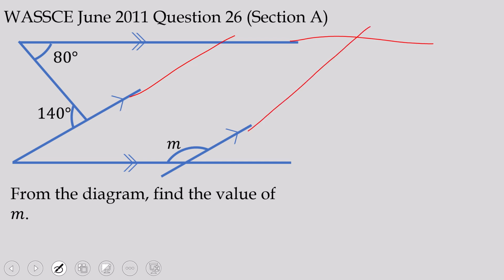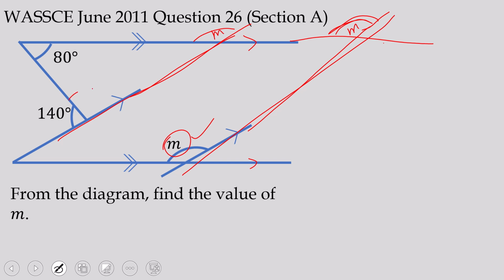So now with these extensions, since this is parallel to this, it means that this angle and this angle over here are corresponding angles. So this is M and this is M. Then since I have these two parallel lines, it means that this over here is also going to be M. They are also corresponding angles.